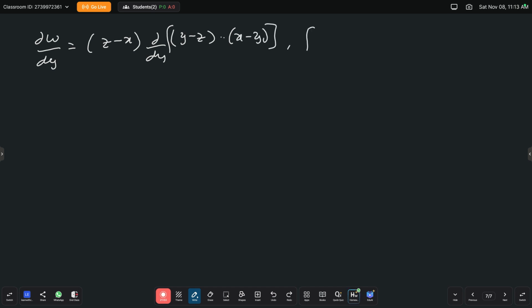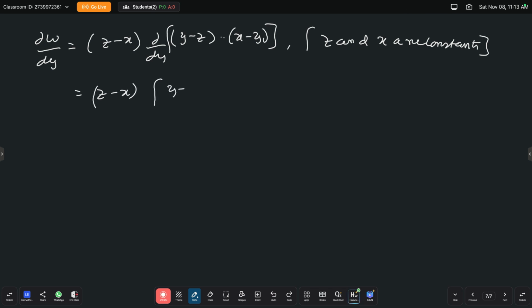Here, with respect to y, z and x are constants. So we can apply the UV form, same as the previous concept for ∂w/∂x.